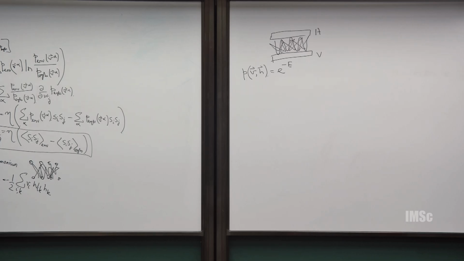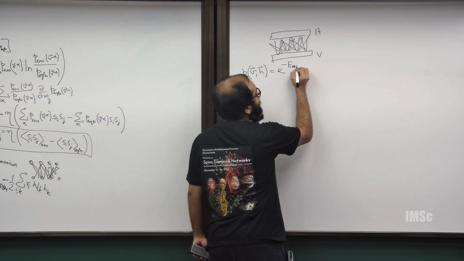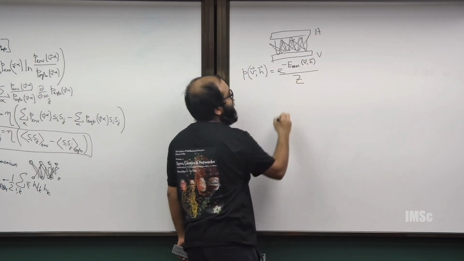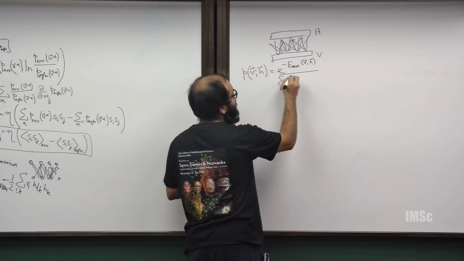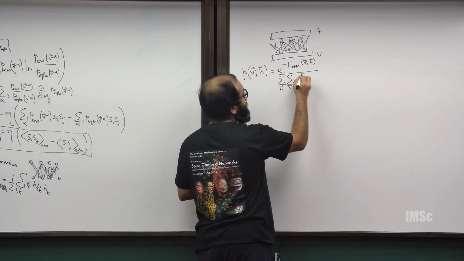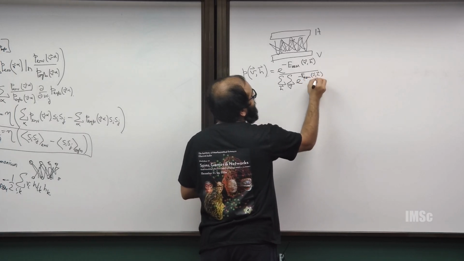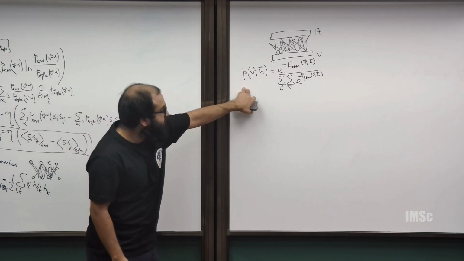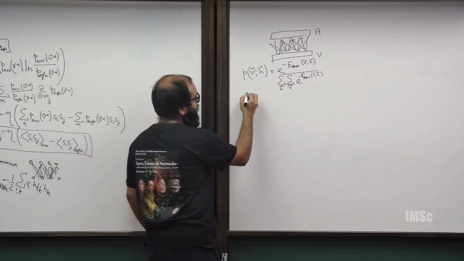This is the RBM energy, where Z is the sum over all V and H, sum over H, sum over V, e to the power minus E RBM of V, H. That is the probability with which you select a particular configuration V comma H. So what will be the probability of V?